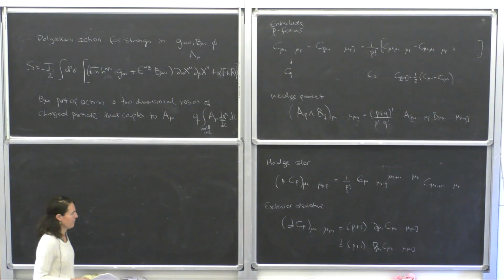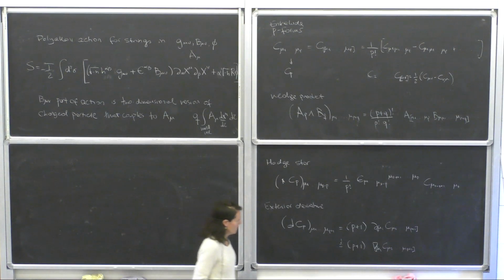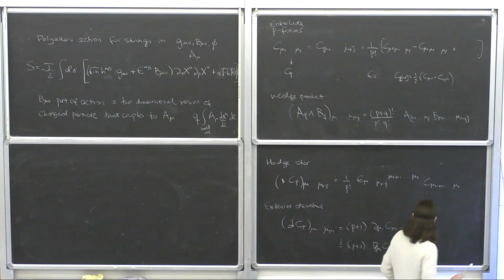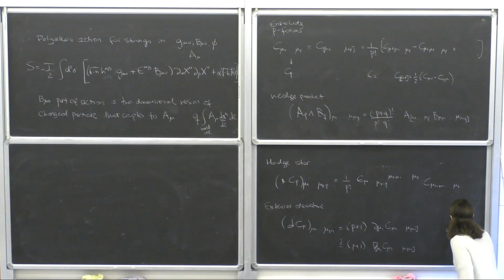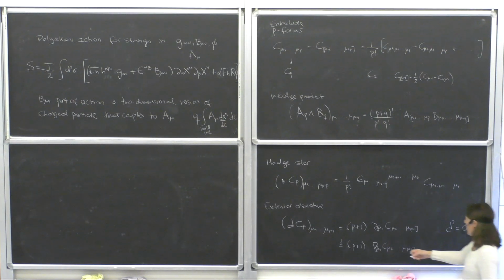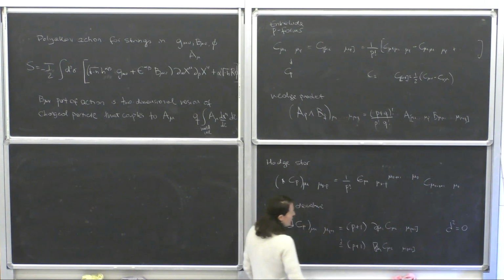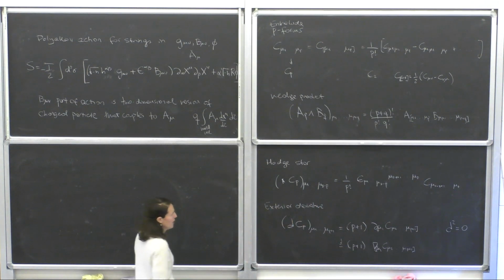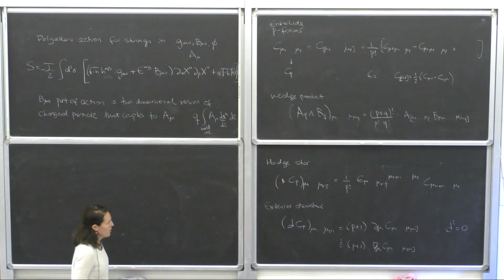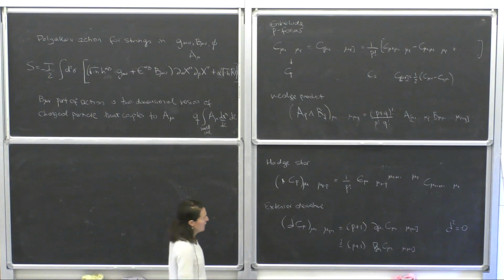And note that d squared is equal to 0, because if I put a second derivative, then it's symmetric in the two indices of the derivative, but here I want to make it antisymmetric. So it's a nilpotent operator.